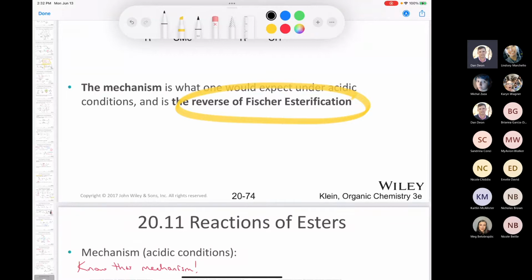We can take a carboxylic acid plus an alcohol, with a catalytic amount of acid, that can form an ester. We'll do that, and that is called Fischer esterification.